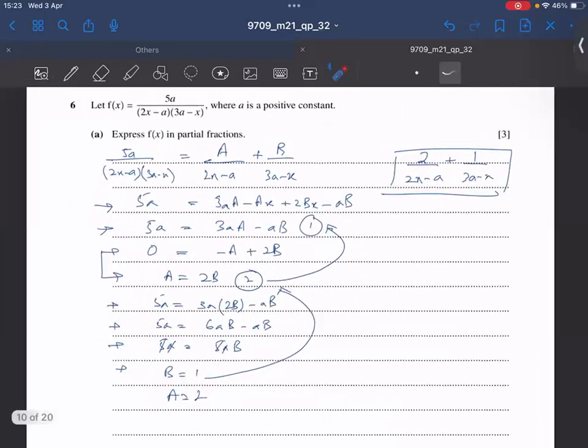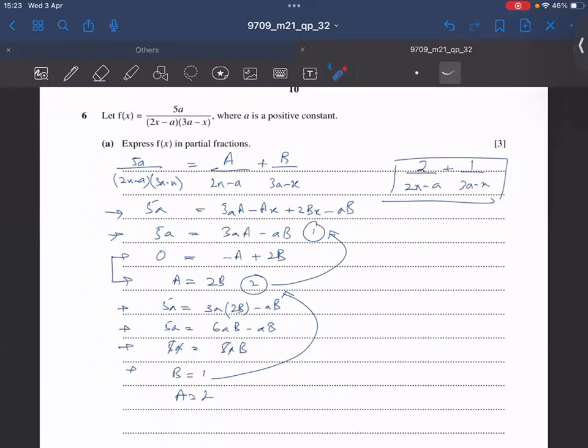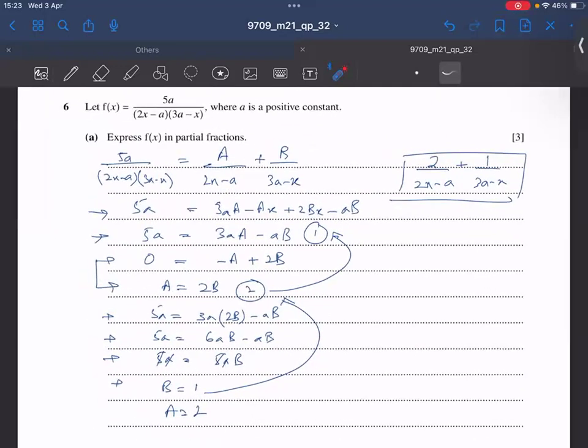As for question 6, where have you got stuck? I got the value of b as 3, and the value of a is correct. How come you're getting the value of b as 1? No, I got 3. What method do you use? I use this comparison method.